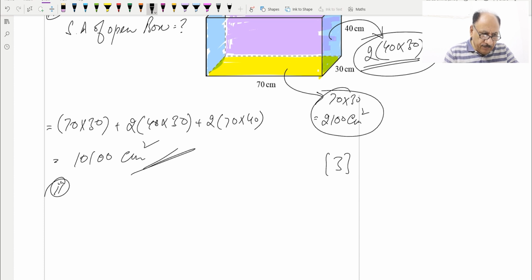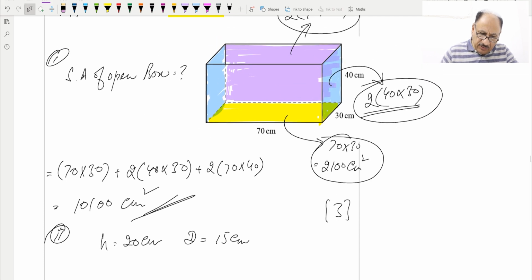Now the second part of the same question says cylinders with height 20 centimeter and diameter 15 centimeter are placed in the box. So these are the dimensions of the cylinder.